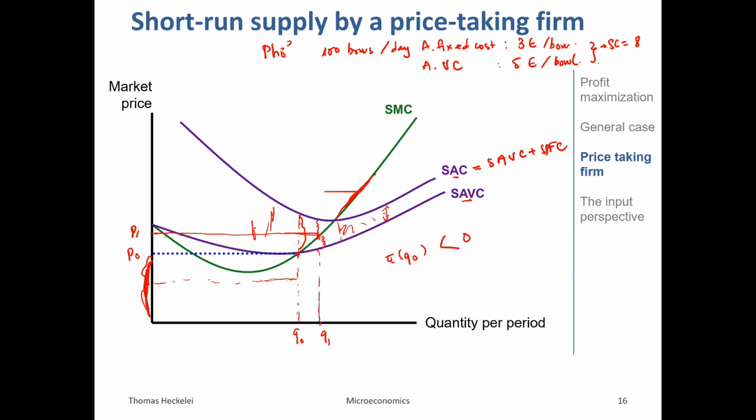Of course, if I could sell for a market price equal to 9, then profit will be (9 minus 8) times q, here 100, but it doesn't matter. However, if I manage to sell for a market price of only, let's say, 4, then I make a loss, of course.